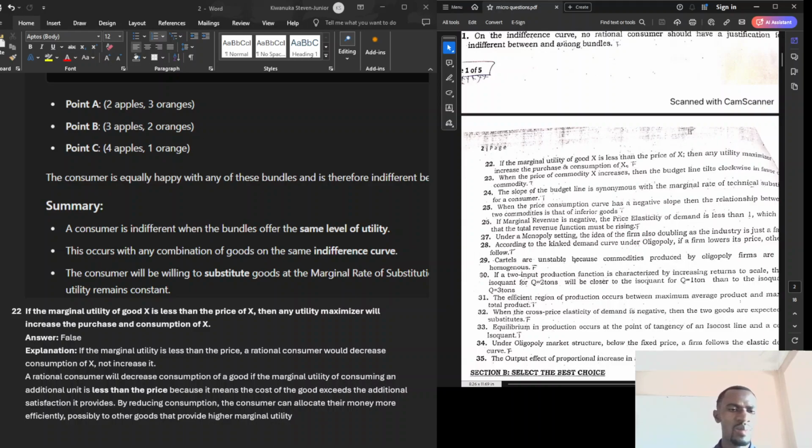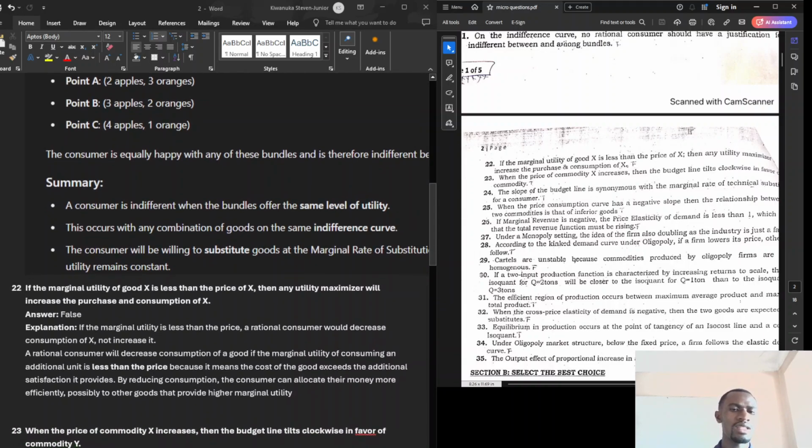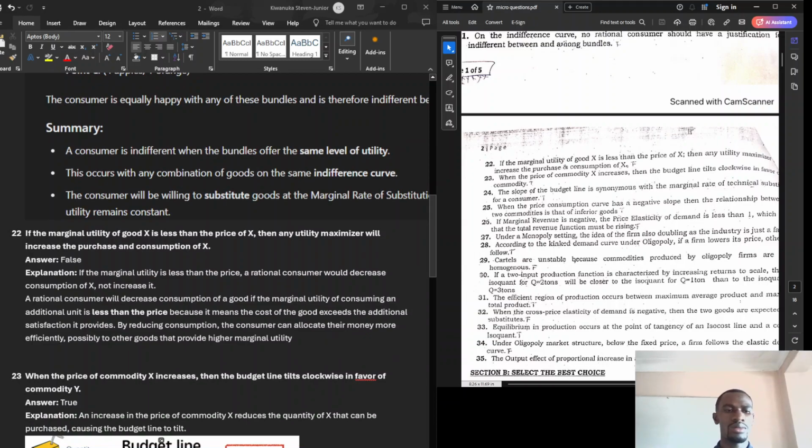In one way or the other, the consumer will feel cheated because he's paying an additional cost for something less. So by reducing consumption, the consumer can allocate their money more efficiently, possibly to other goods that provide higher marginal utility.